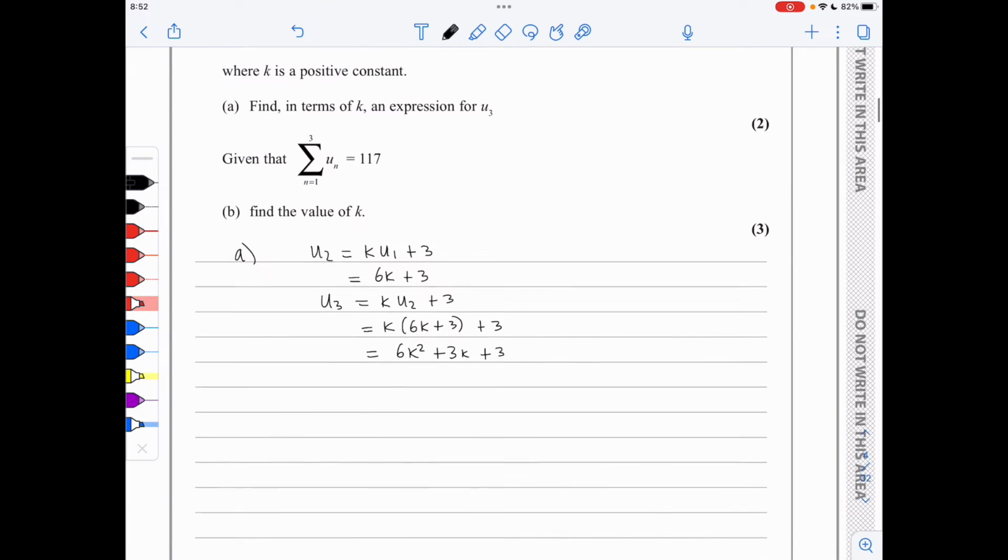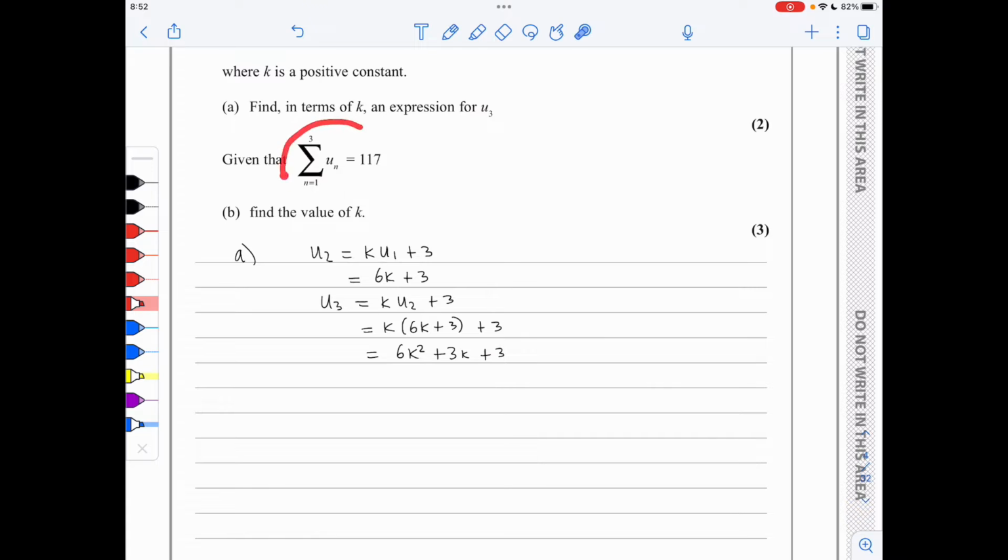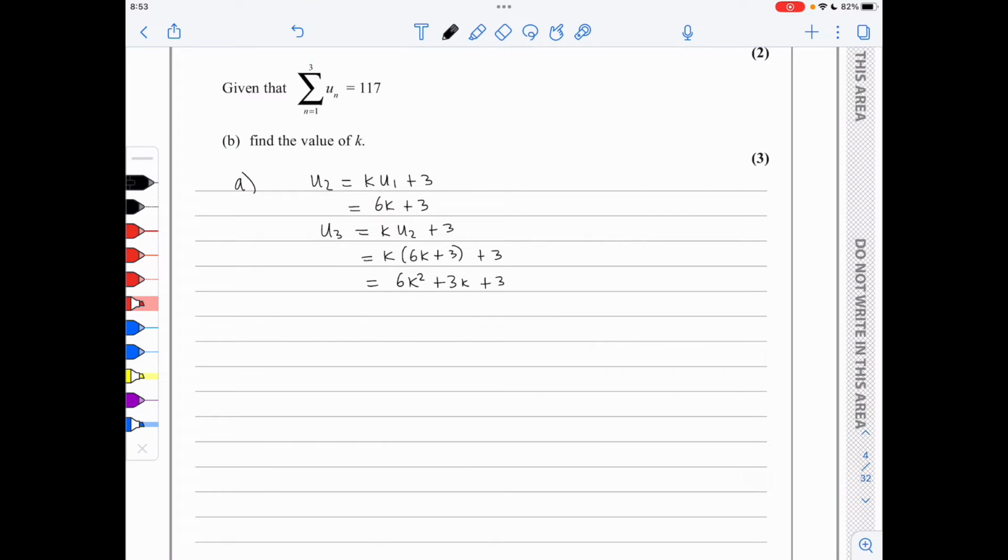And then in B, we are told that the sum of the first three terms is 117, and we need to find the value of k. So I will start by stating that u1 + u2 + u3 is 117.